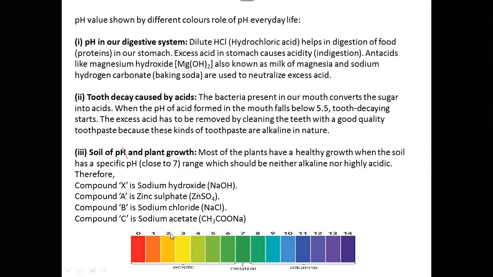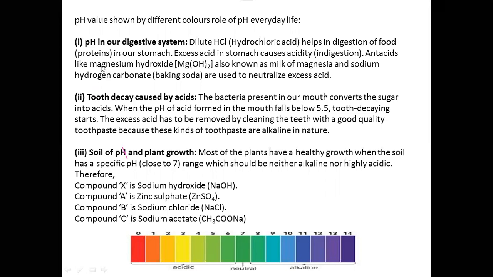Then dark yellow at pH 2, and light yellow at pH 3. When pH is 4, light green. Then the green color becomes darker. At 7, that is the neutral pH, this is dark green color, and the shades go on changing till dark blue color at pH 14. This is called the pH color strip with its pH values.